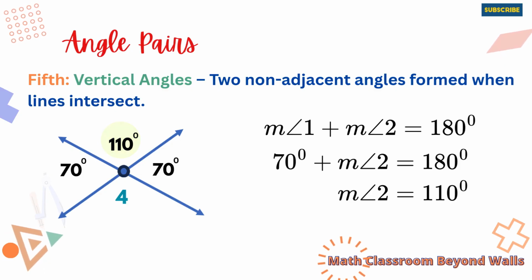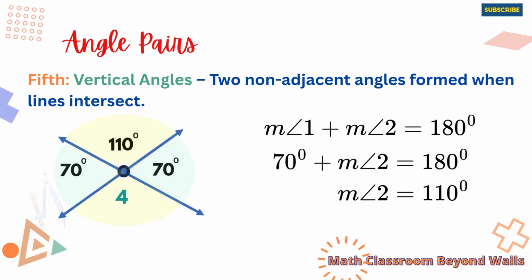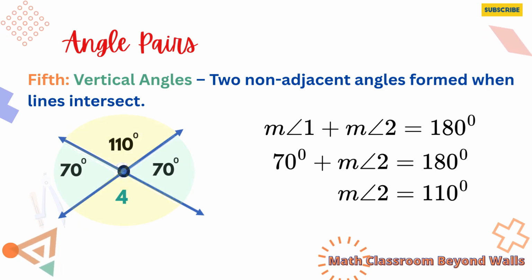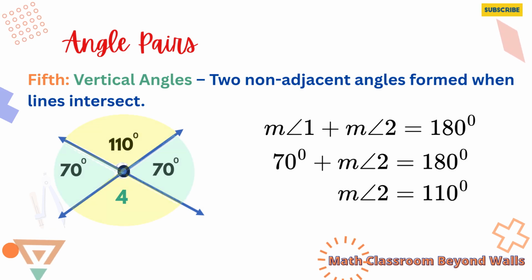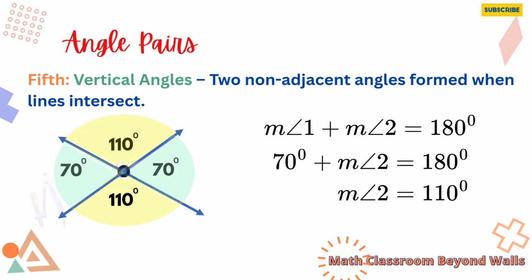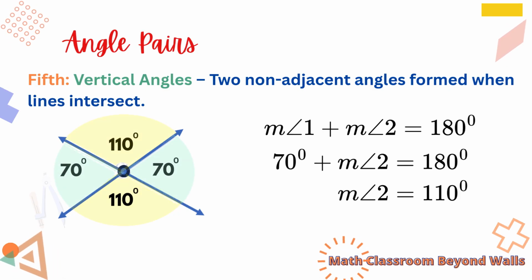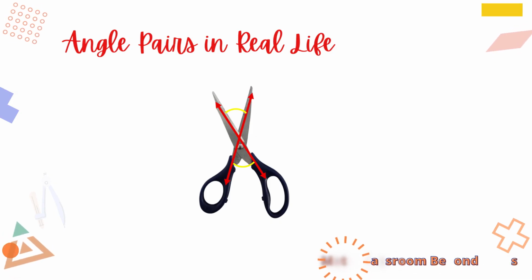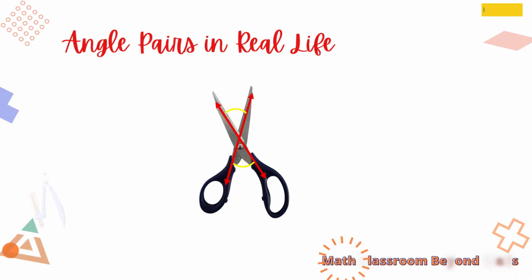That was easy. Again, the relationship between the angles in the pair helps us find the measure of the unknown angle. Here are the measures of all the angles on the figure. Okay, now, where do we see angle pairs in real life? Look at here. An open pair of scissors shows vertical angles.